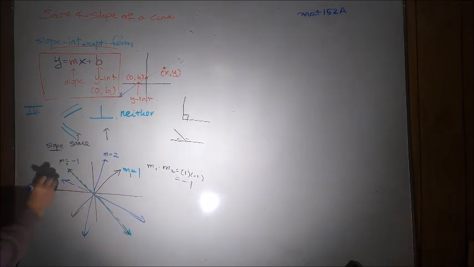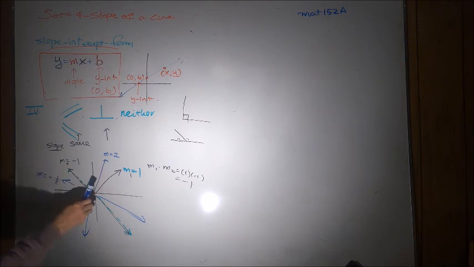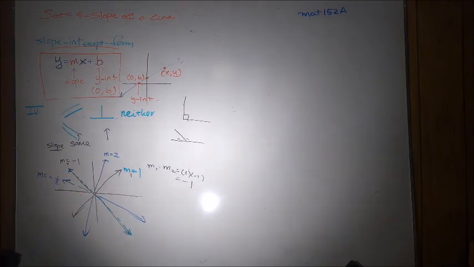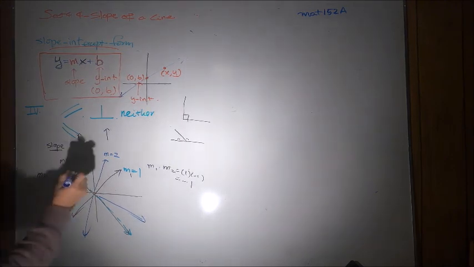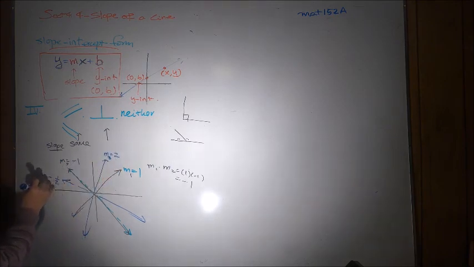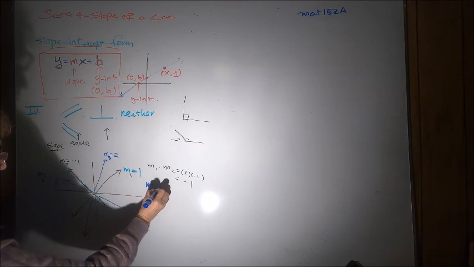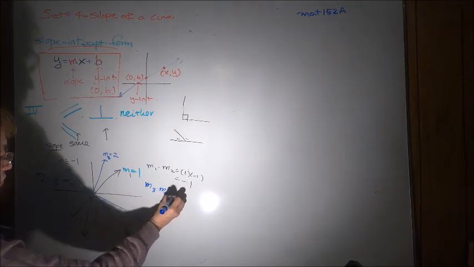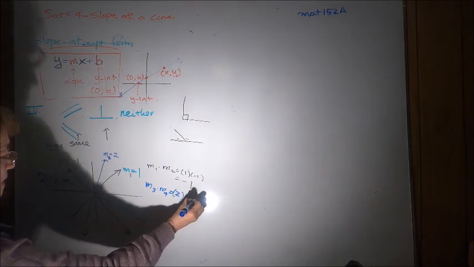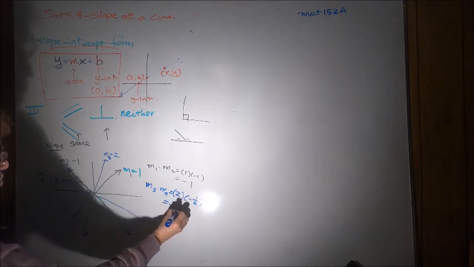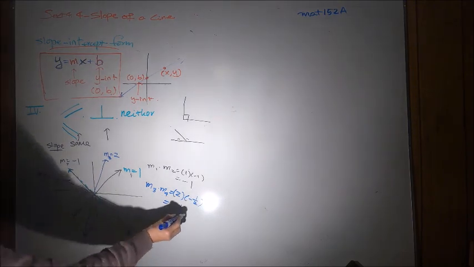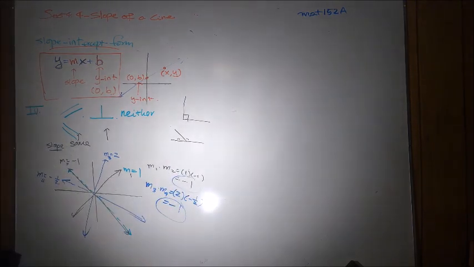Negative one half. This is twice as much. This will be half as much, right? If these two slopes multiply together, what do we have? 2 times -1/2, it will still be -1.